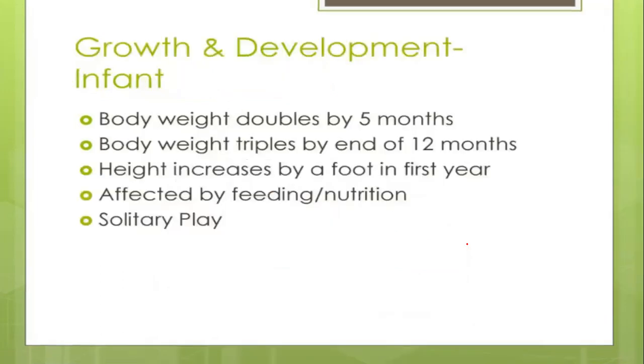And here we have some other development measurements, which would be the body weight that doubles by the 5th month. So a newborn on his or her first day of life would have double the weight by the 5th month, okay. And also the weight triples by the end of the year.